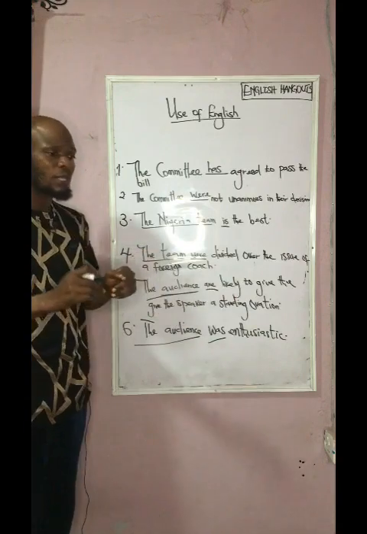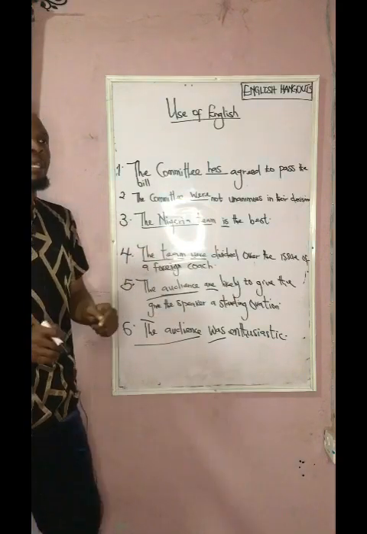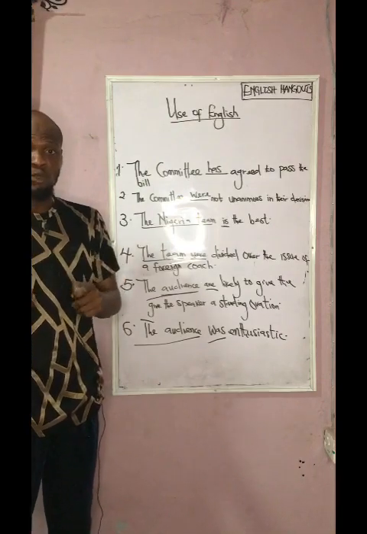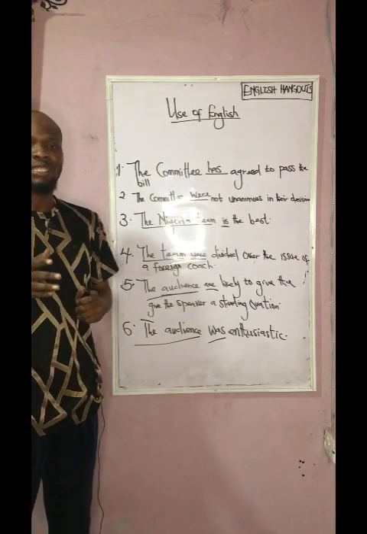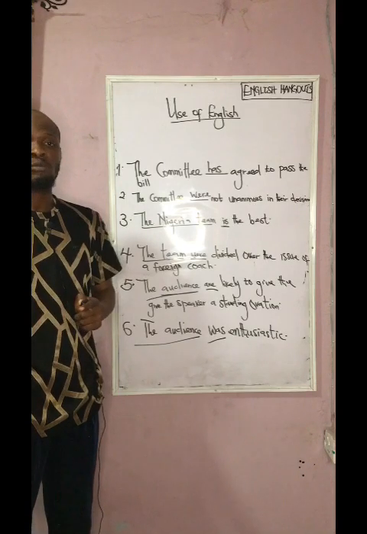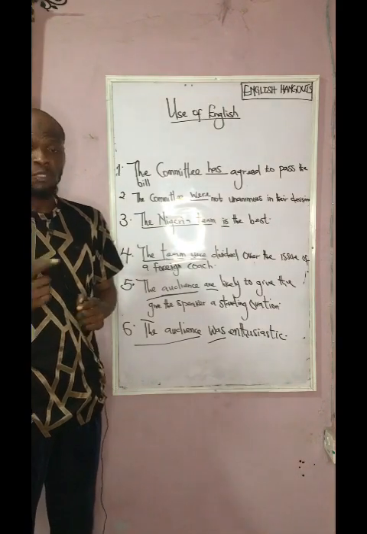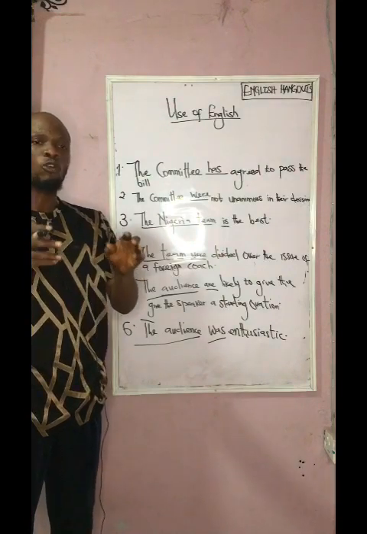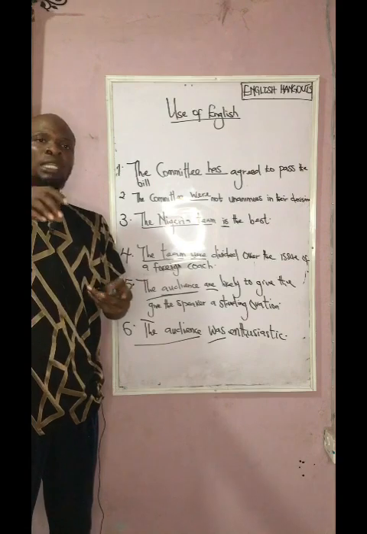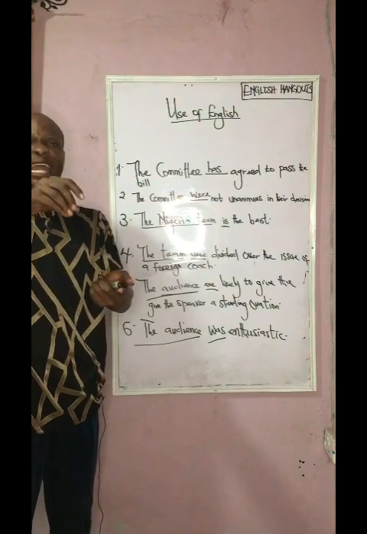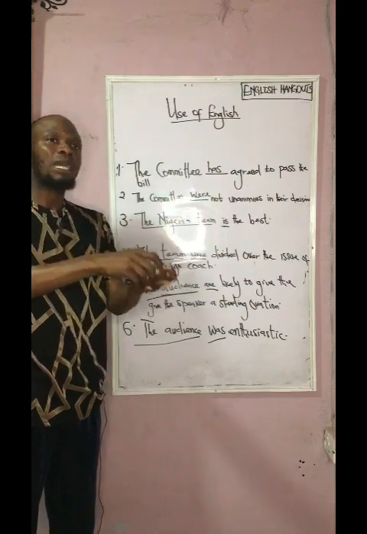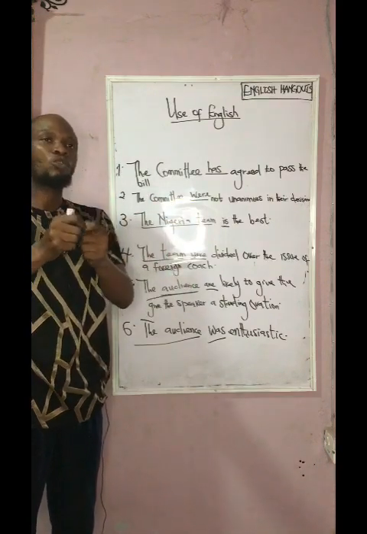One of the parameters that you can use to determine if a collective noun will take a singular or a plural verb is that, one, if the group of persons we are talking about are functioning as a unit, not functioning individually, definitely that will attract a singular verb.